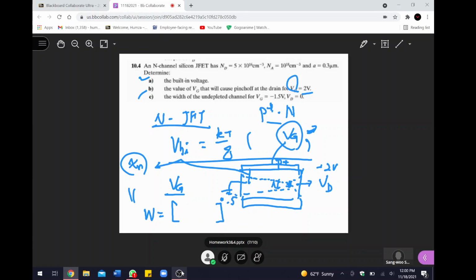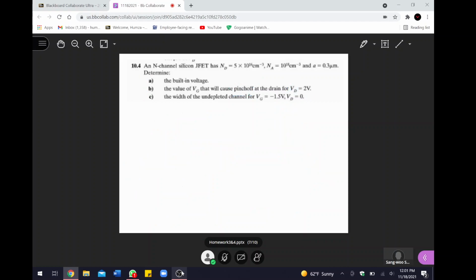Amadit, you have a question? Yes, Professor, at pinch off, is the drain current 0 or is it at saturation? No, pinch off means that the depletion width completely closes the channel. In other words, if you look at this question, A is the channel width.